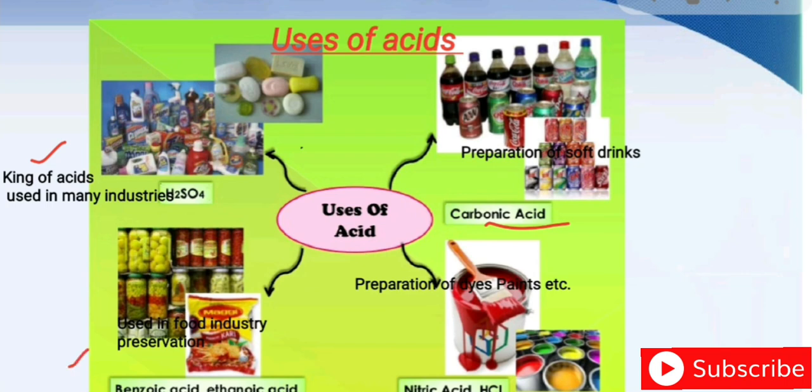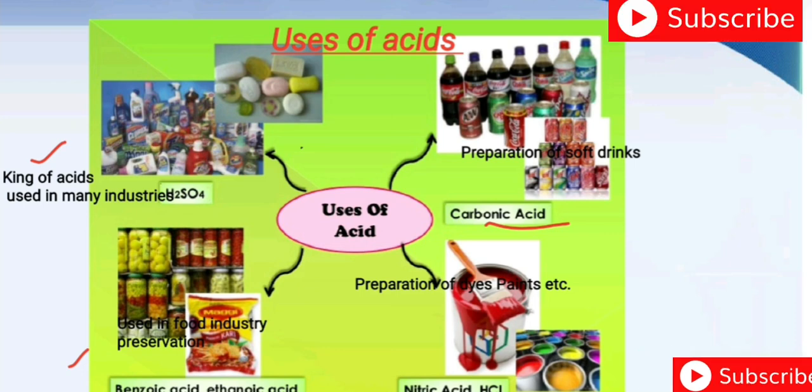Benzoic acid is generally used in the preparation of cakes, biscuits, etc. And ethanoic acid is commonly known as vinegar, and vinegar is used to enhance the flavor of food, and it is also used to preserve food.